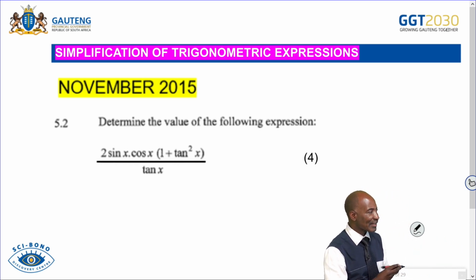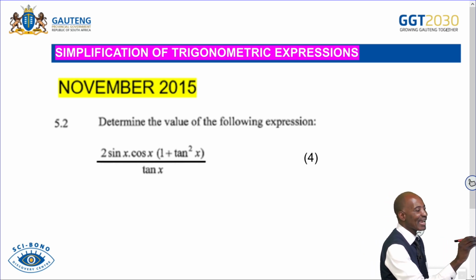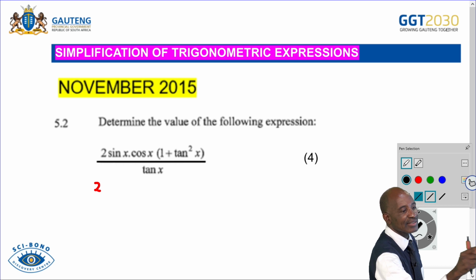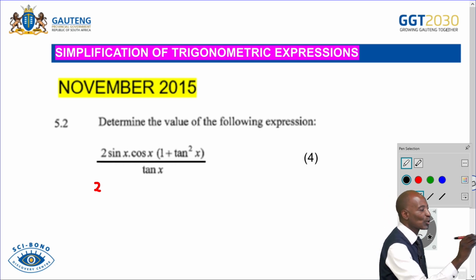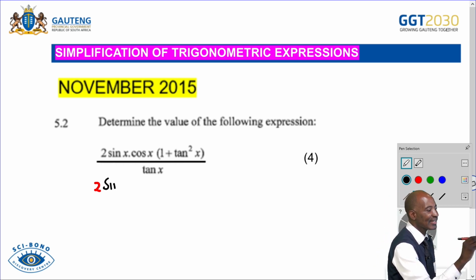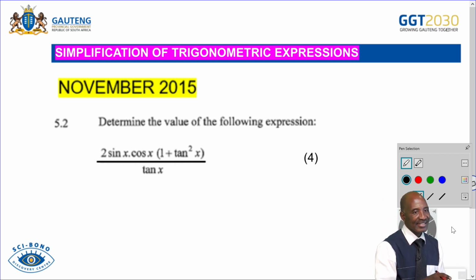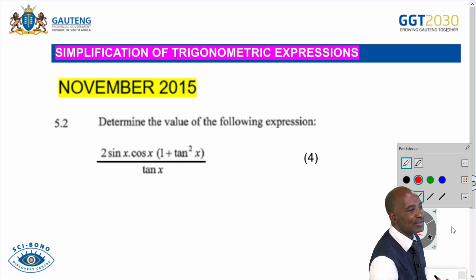Right, let's have a look and see. We are going to maintain our 2. Let me take a thinner pen. Right, 2 sine x. I prefer red, let's choose red.